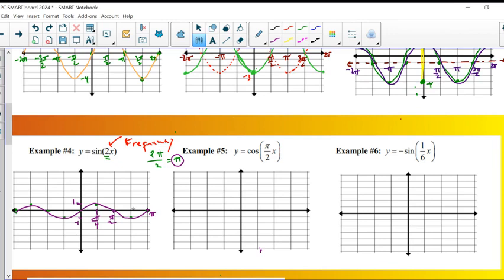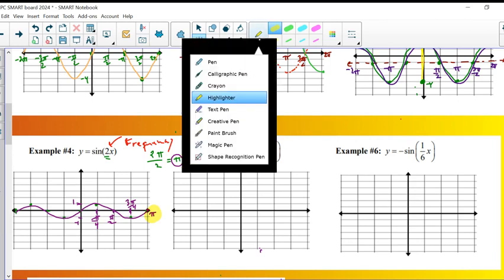This right here is going to be 3 pi over 4. And then this is pi. Because again, we have quadrants, right? So another way to think about that is, well, your period is pi, divide pi into quadrants. That means divide it into quarters. Okay, so we can do the same thing on the left side.